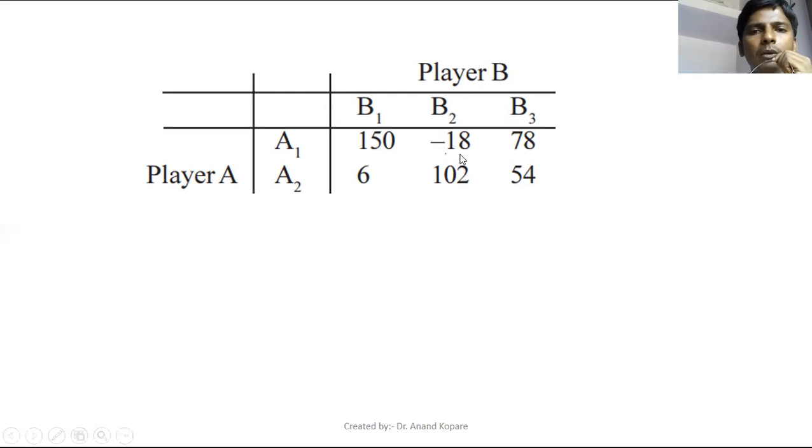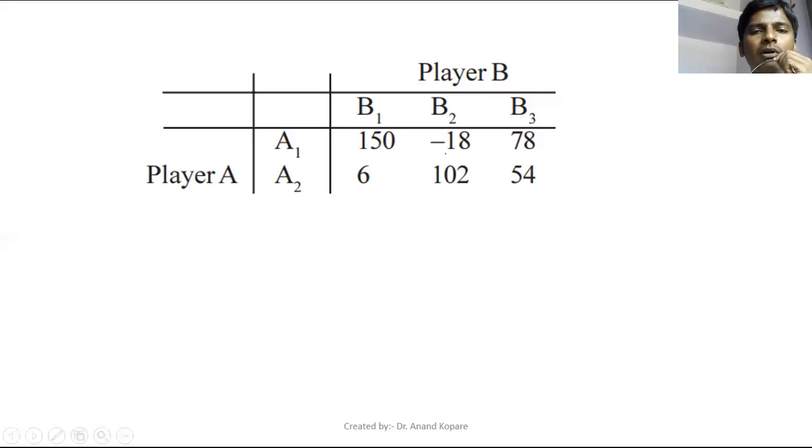In the same way, we compare B2 with the other columns. Minus 80 is less than 150, and also minus 80 is less than 78. But 102 is not less than the B1 column and B3 column values, that is 6 and 4. Hence we cannot make the comparison. Last, we see column B3, which we can only compare with B1. 78 is less than 150, but 54 is not less than 6.